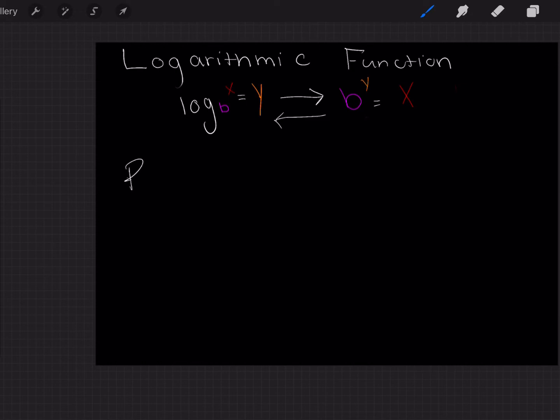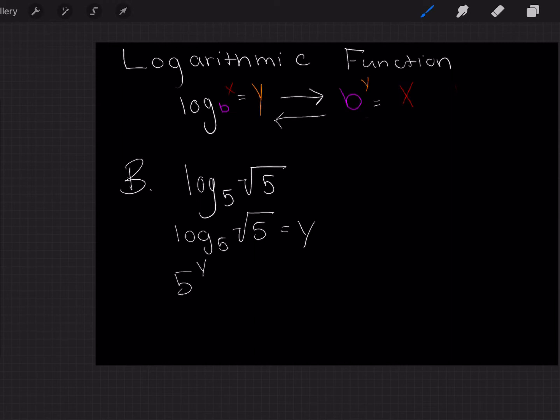Now, our second example problem is where it gets a little bit more complicated, but it should still be relatively easy to grasp. So log base 5 of the square root of 5. You're going to set it equal to y. So our exponential is going to be 5 to the power of y equals the square root of 5.